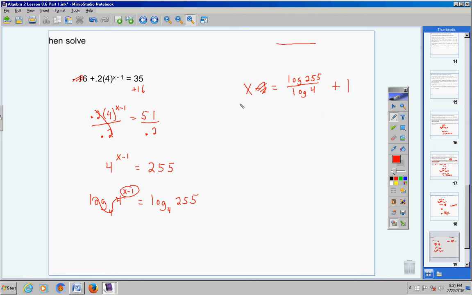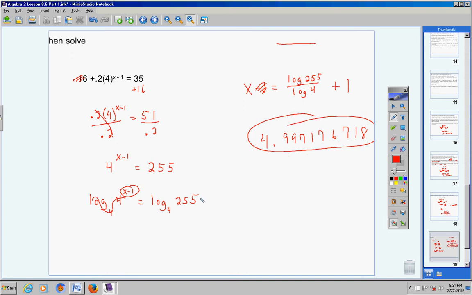Positive 1. So we're good. With your calculator, type in logarithm 255, enter, divided by logarithm of 4, enter, and then plus 1. And you will get the answer, 4.997176718. Round wherever you want to, of course.